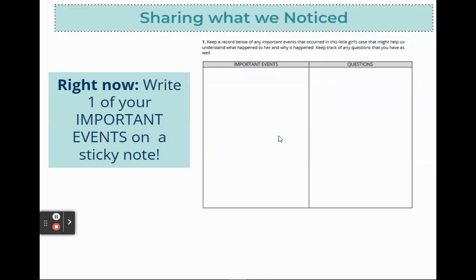No, you do not need to put your name on your sticky note. We need to see more about that. We shall see.